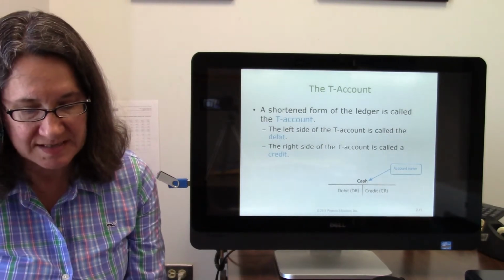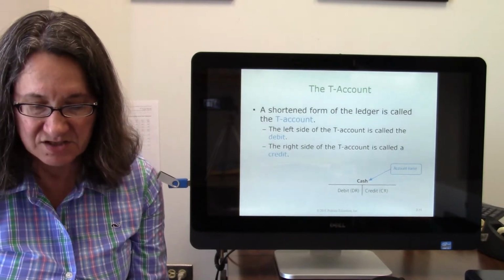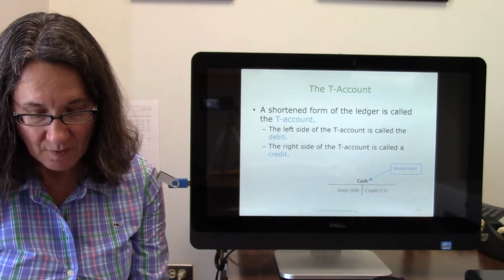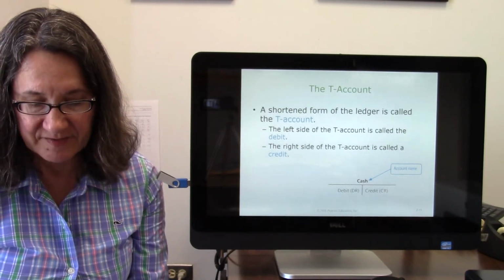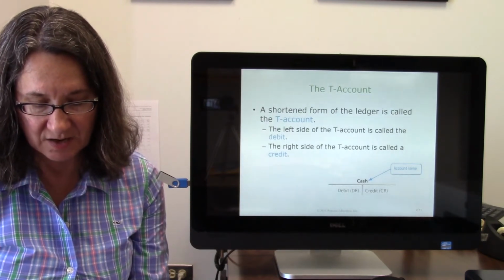A T account is a shortened form of the ledger, and it's called a T account because it resembles a capital T. The name of the account is listed on the top of the T. The left and right sides of the T are used to record increases and decreases in the account.